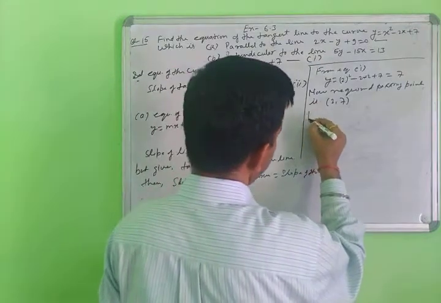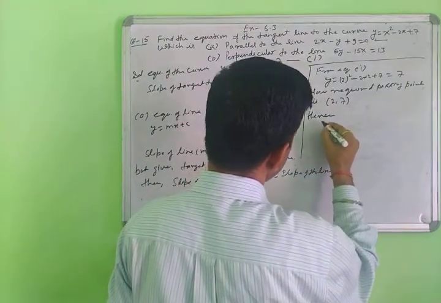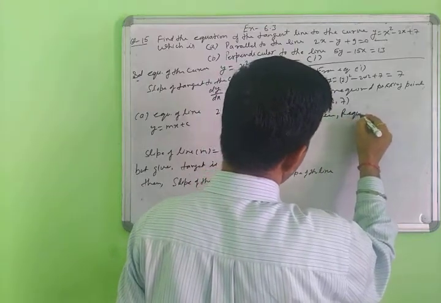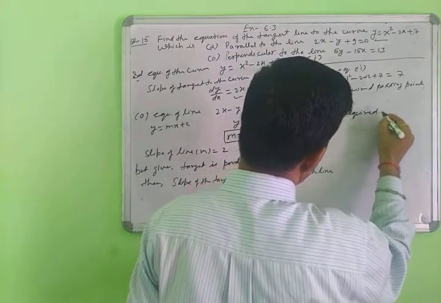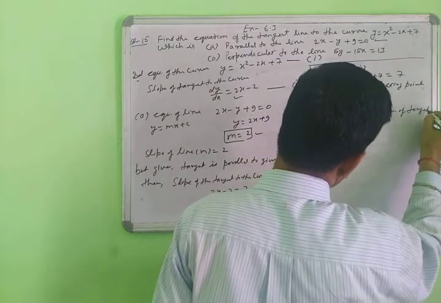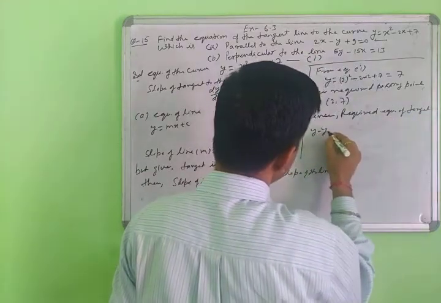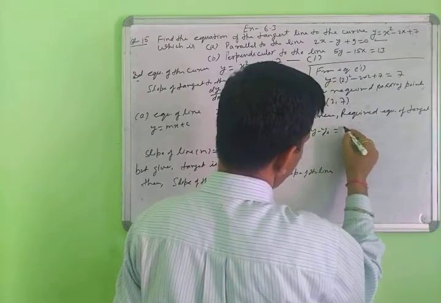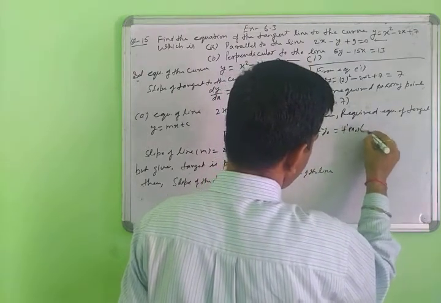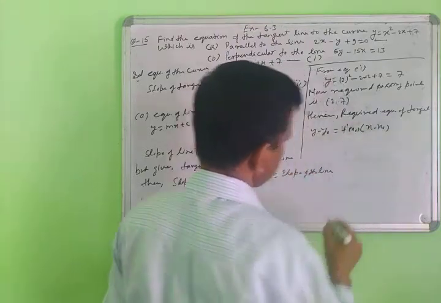Now, hence the required equation of tangent: y minus y naught equal f dash x naught times x minus x naught.